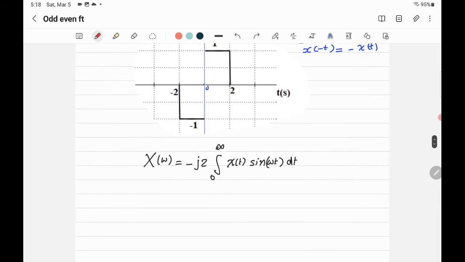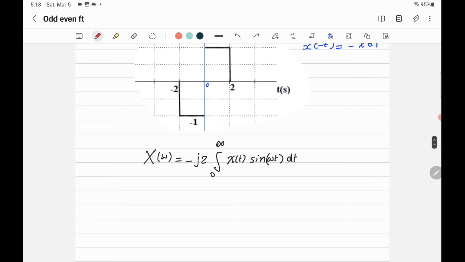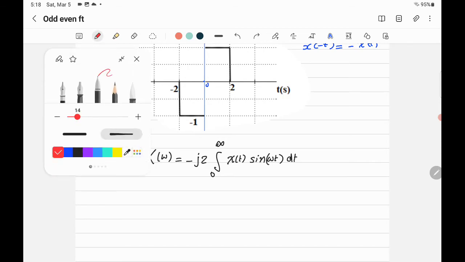So how can we simplify the Fourier transform for an odd function or an odd signal? It will be equal to minus j2 times the integration from 0 to infinity of the signal x of t multiplied by sine omega t. Let's apply it to the example here.